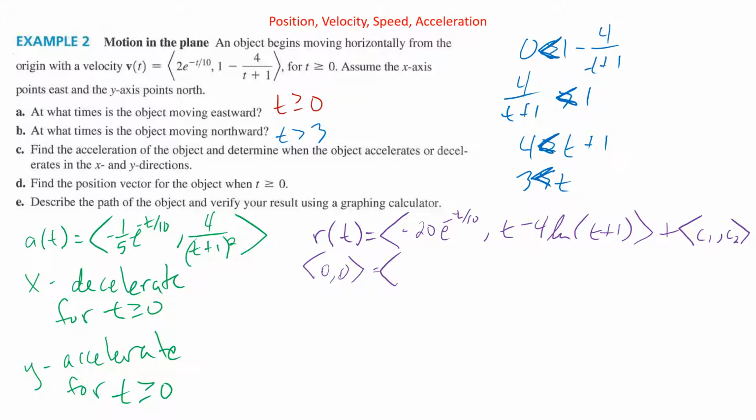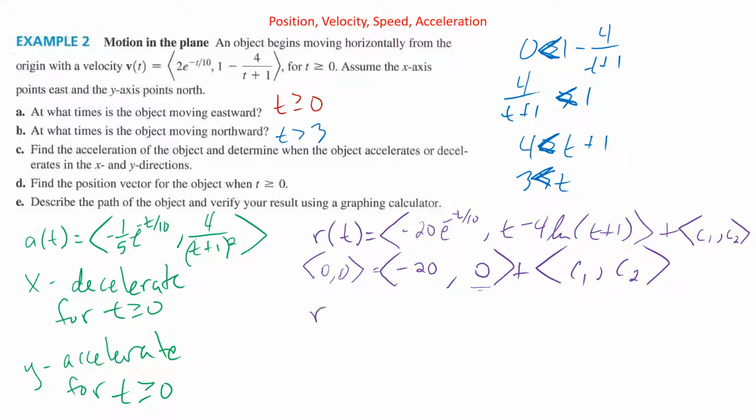E to the 0 is going to be 1, so this is negative 20, comma. Then plug in 0, we get 0, minus 4 times natural log of 0 plus 1. The natural log of 1 is 0, so this is 0 plus C1 comma C2. C2 is okay because that's already 0, but C1 is going to have to be a 20 to counteract that negative 20.